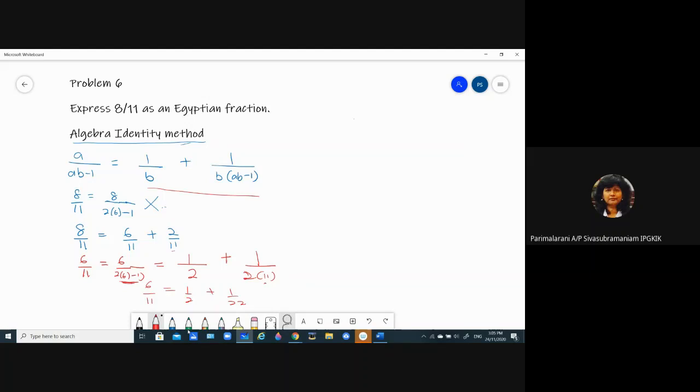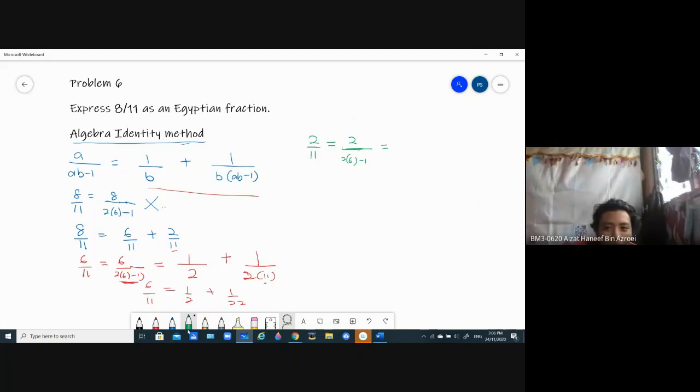Then we have the next fraction, which is 2 over 11. We write it in the same method. Now you compare with the formula: your A is 2 and your B is 6. So you write 1 over 6 plus 1 over 6 times 11. So this is 1 over 6 plus 1 over 66.